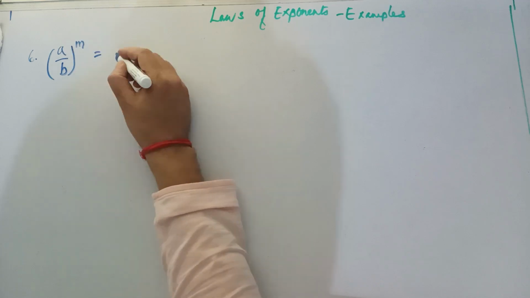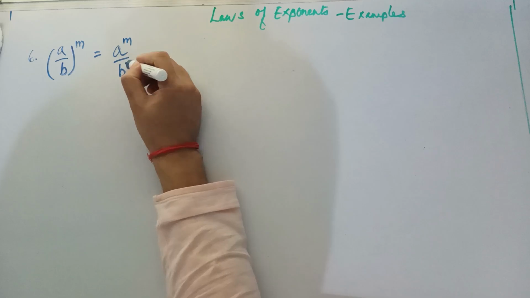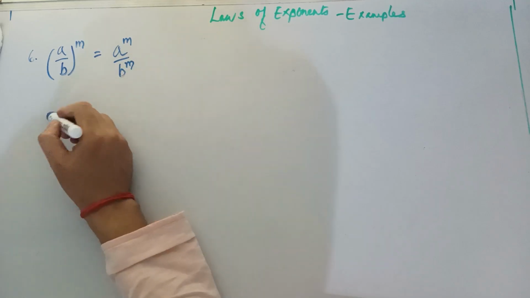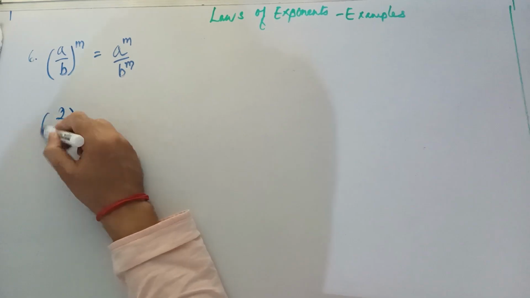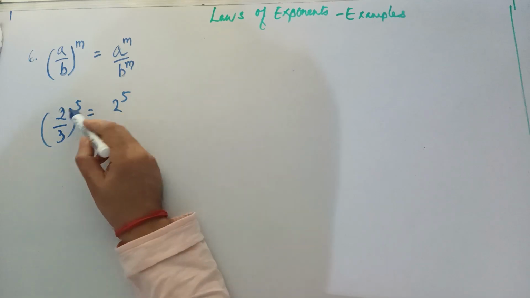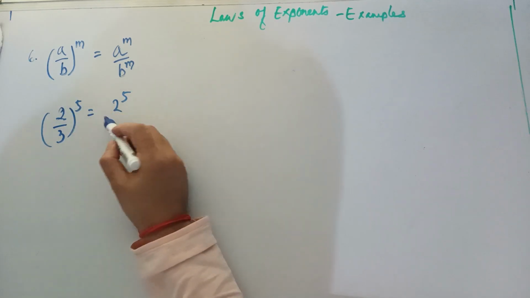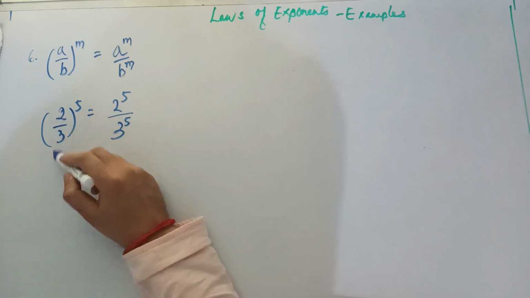So this power will get distributed to a raised to m upon b raised to m. And this can be written as, let's say, (2 upon 3) raised to 5. This will give us 2 raised to 5, and the power will shift to 3 raised to 5, both the bases. Okay.